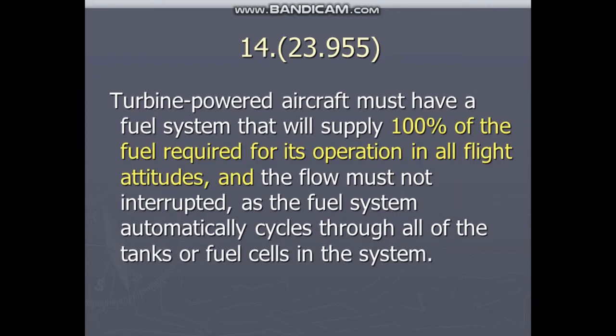Number 14. Turbine-powered aircraft must have a fuel system that will supply 100% of the fuel required for its operation at all flight altitudes, and the fuel must not be interrupted as the fuel system automatically cycles through all of the tanks or fuel cells in the system.